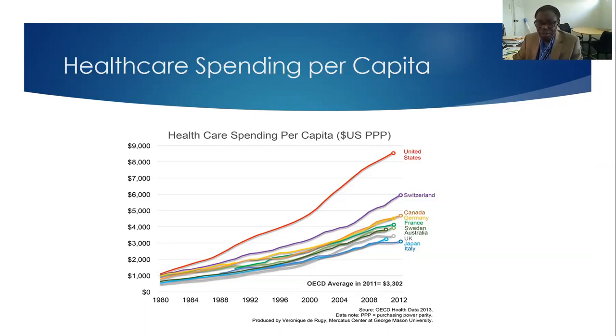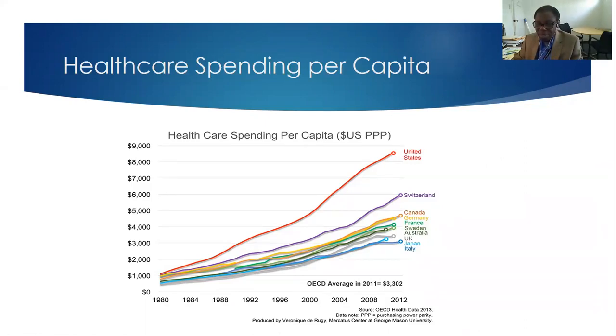According to the OECD, the US spends more money per capita on healthcare than other countries. You can see this trend from the top red line, which represents the US.